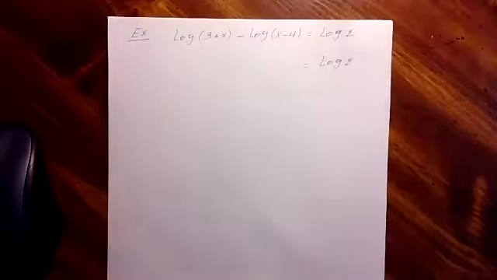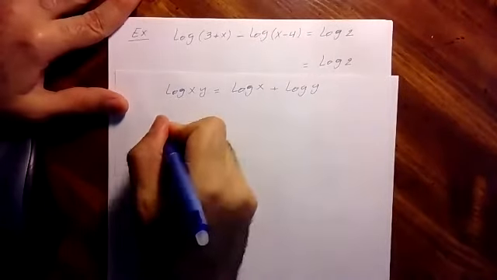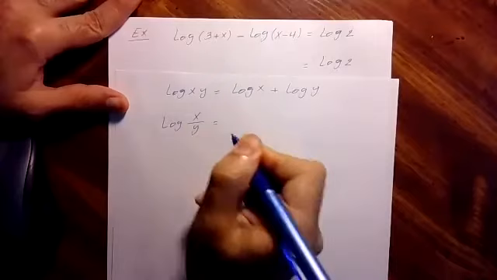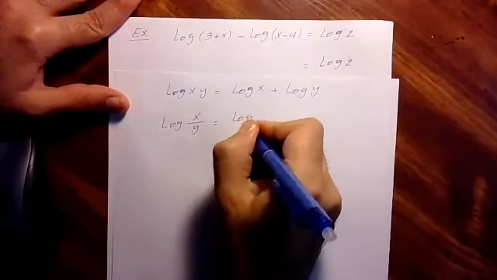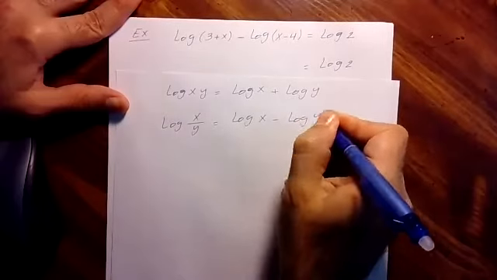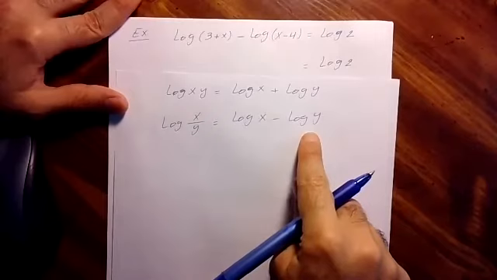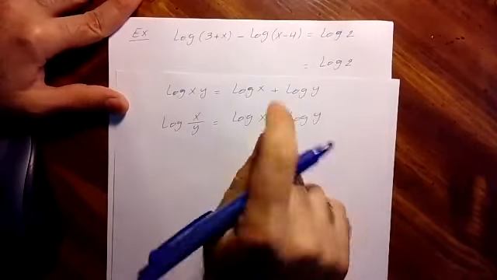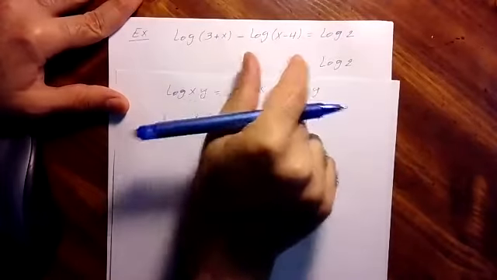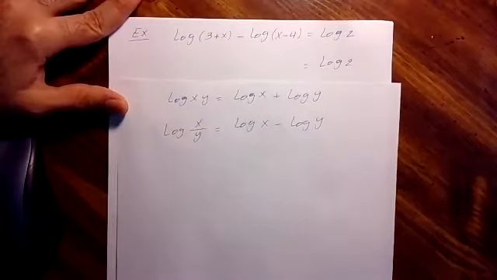With the left side, there is a rule that says log of x divided by y is log of x minus log of y. So I have log of x minus log of y, with two log parts, so it's going to be log of this one divided by this one.